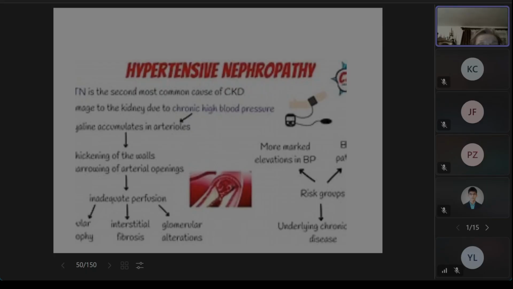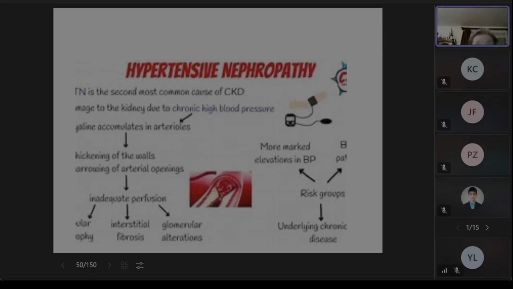And it can lead further to inadequate perfusion of the blood through the glomeruli, and we can observe not only the injury of the glomeruli, but also the decrease in GFR level.